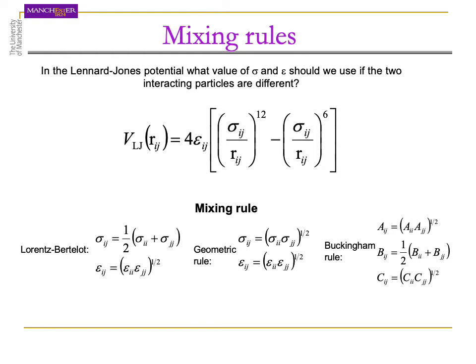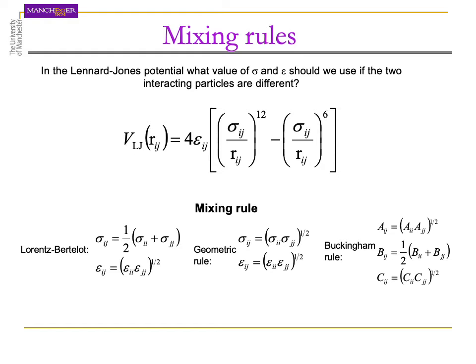However, in a real system, you have a mix of different molecules, different elements. Can you describe the interactions using the Lennard-Jones potential between these different atoms? Should you define different sigma and epsilon?